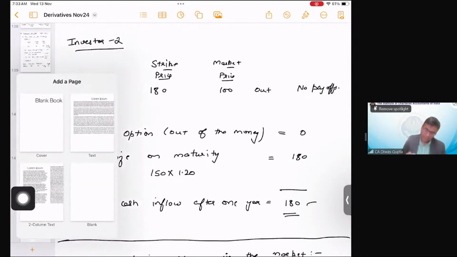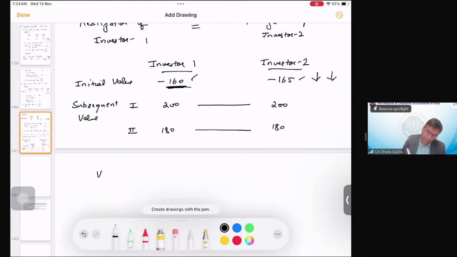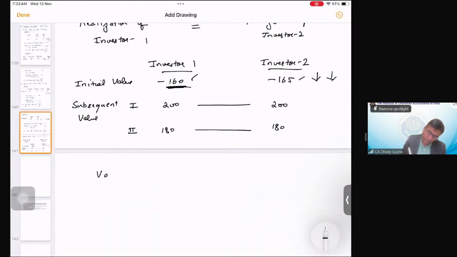Yes, sir. So the moment this is the situation, it will happen in such a way that the value of the put option will increase and the value of the call option will decrease.